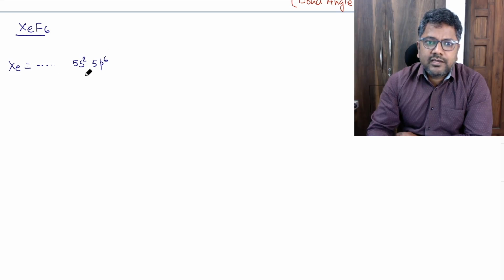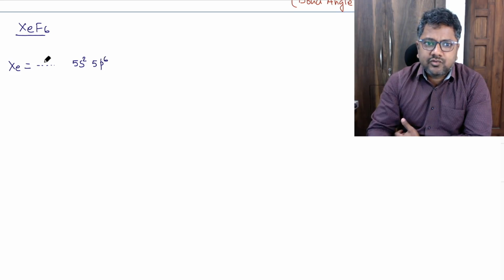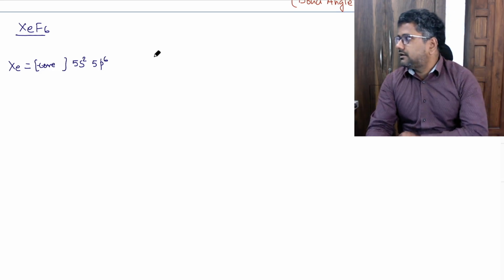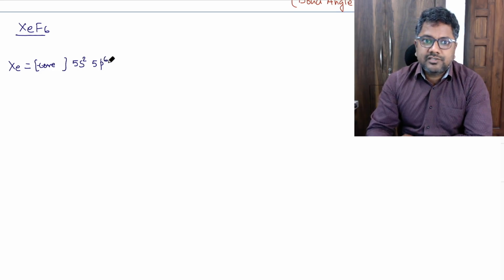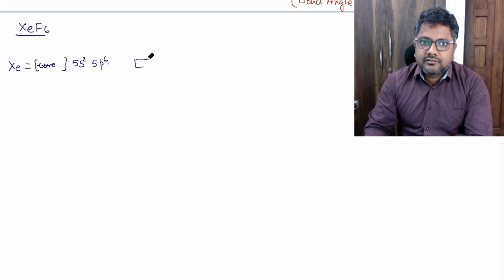It is a noble gas, so obviously the p will be completely filled. So this is the core, and this is 5s2, 5p6.